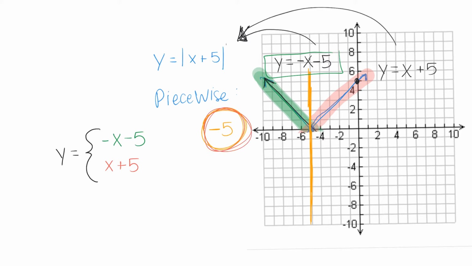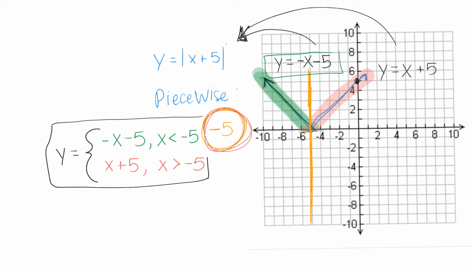So I'm going to put commas after each part of this, and I'm going to use an inequality to tell when that happens. So the green part occurs when x is less than negative 5, and the red part occurs when x is greater than negative 5. And this right here is my piecewise function.